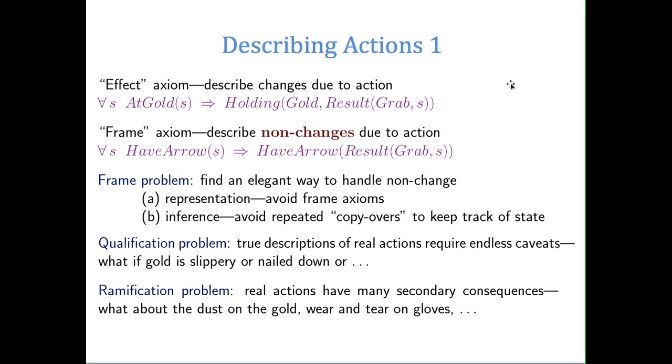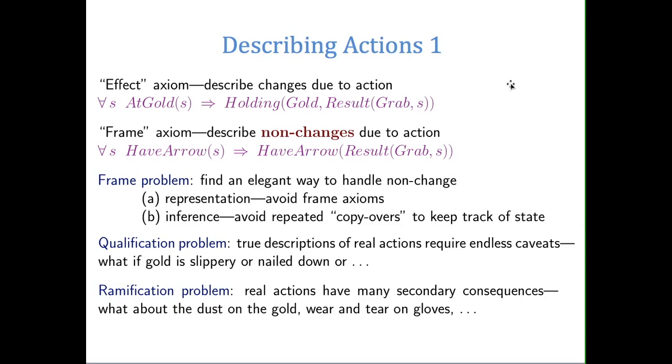So what we want to do in our representation is try to avoid frame axioms, because if we had to have a frame axiom for every possible action, we'd have a ton of them, and we'd spend all our time reasoning about what hasn't changed instead of doing useful computation. And we want to have an inference approach that avoids repeated copyovers. In other words, avoid repeating, it was true in the previous state and now it's true in this state.